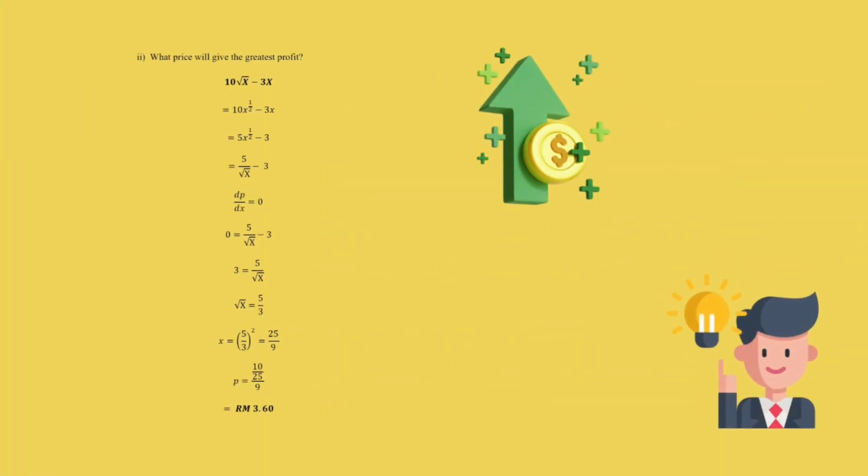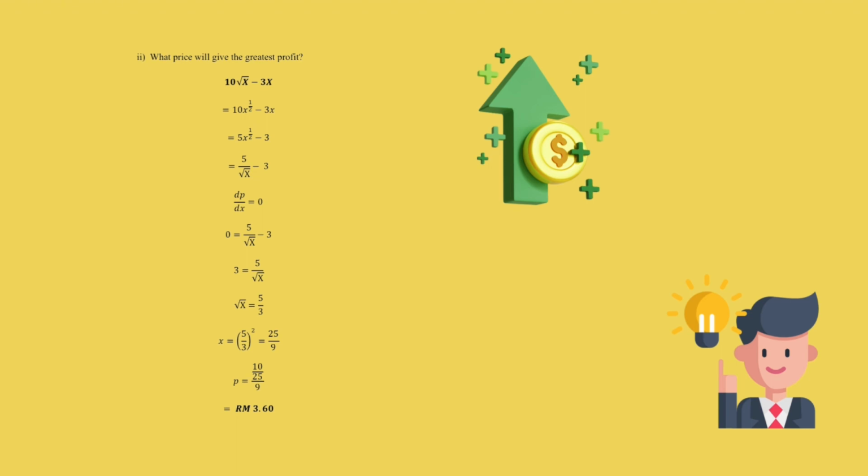Question 1. What price will give the greatest profit? First, we rewrite the square root in the function using exponent notation, which gives us 10 square root x minus 3x equals 10x to the power of 1 over 2 minus 3x.